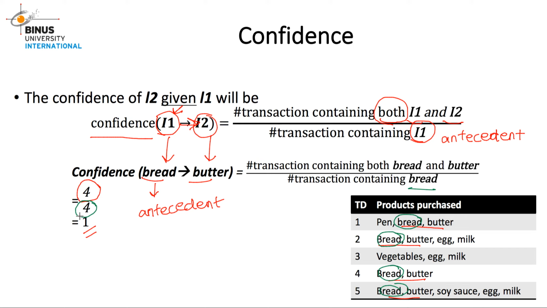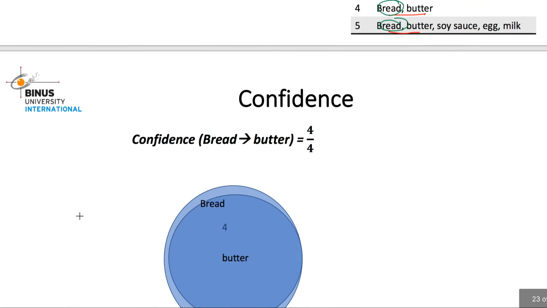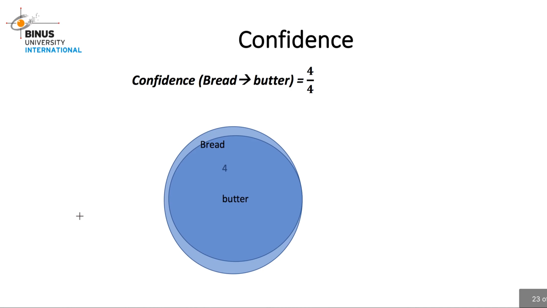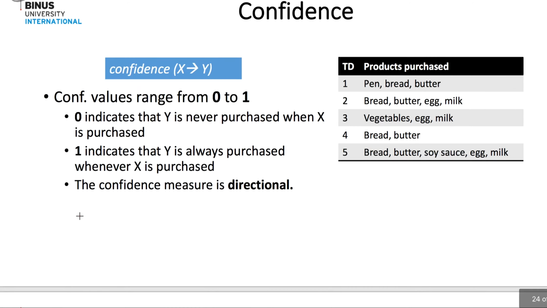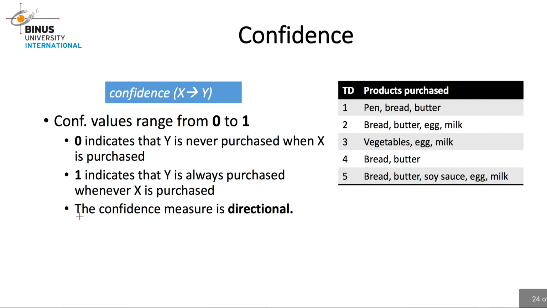What this number means is the confidence of bread and butter is 4 out of 4. That means the confidence value equals 1. That means Y is always purchased whenever X is purchased.